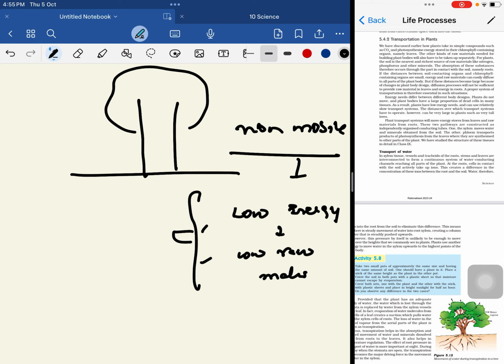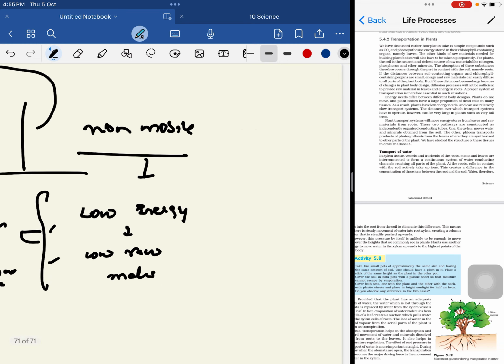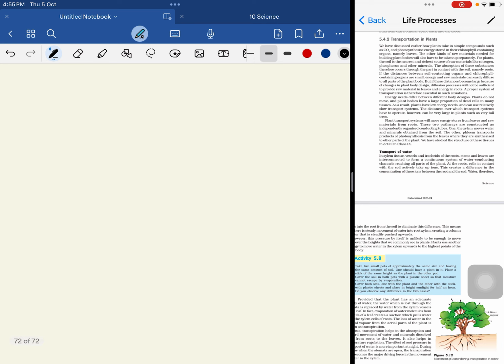So the transport system in plants is very slow and low. They need less energy, so the transportation is very low.